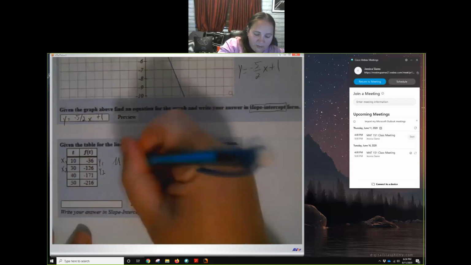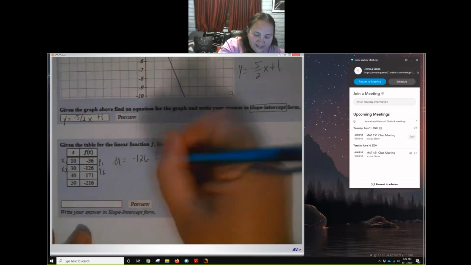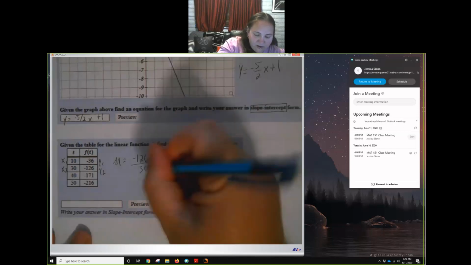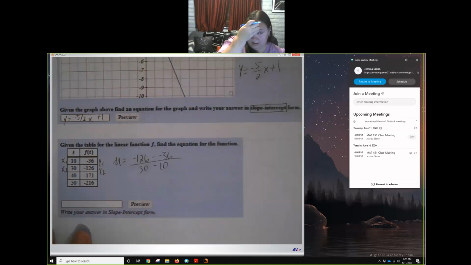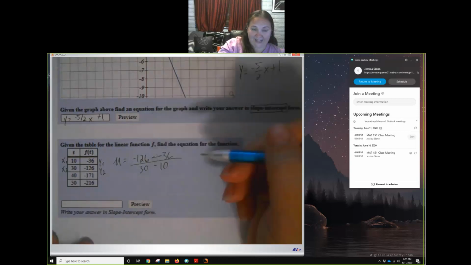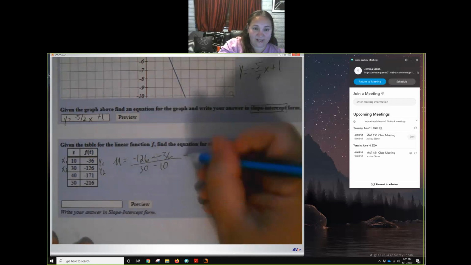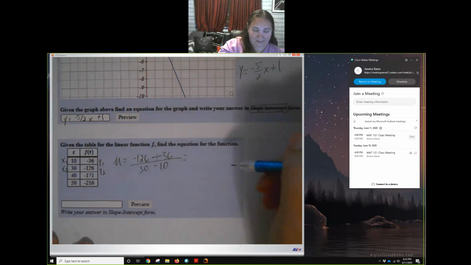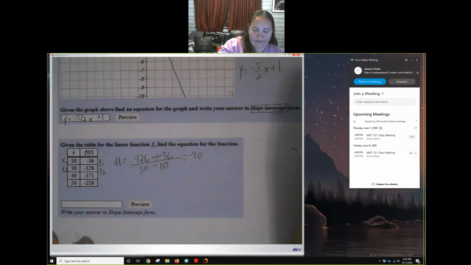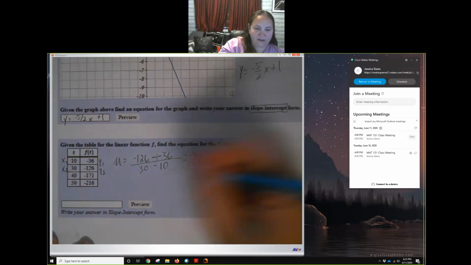So my slope is negative 126 minus negative 36 over 30 minus 10. In the top, negative 126 minus negative 36 becomes negative 126 plus 36. That's going to be negative 90. And in the bottom, 30 minus 10 is 20.